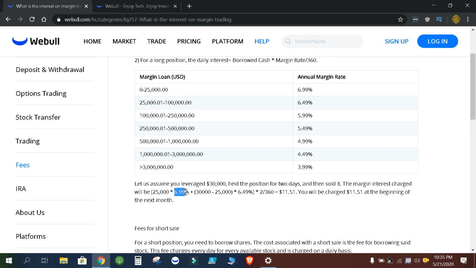Now it looks like you incur it monthly. So however many days you're using the margin, you'll see that deducted from your account the following month.